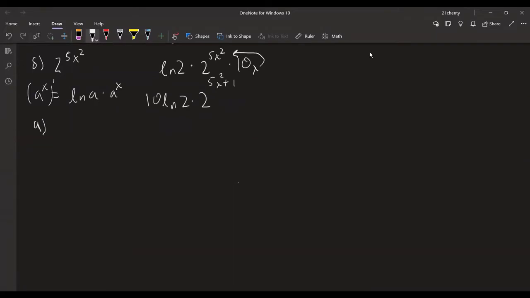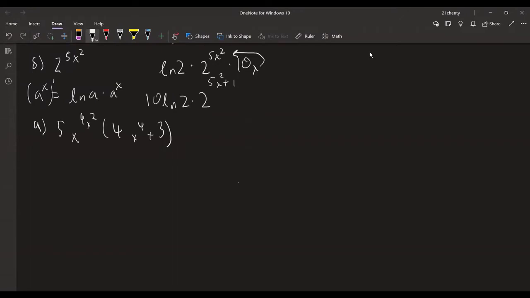Let me copy it down. All right, and we're differentiating. This one's just a product rule that's kind of annoying to simplify. So the derivative of the first term is, I can't even read my writing.